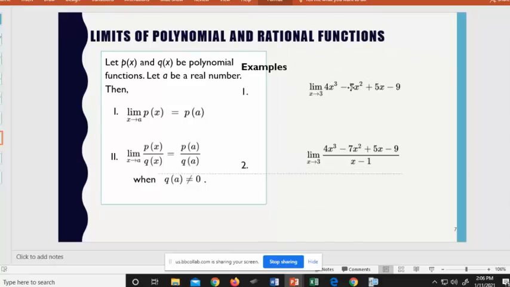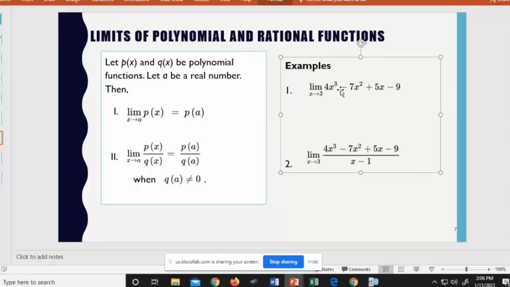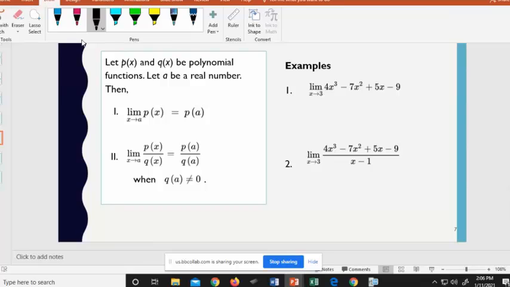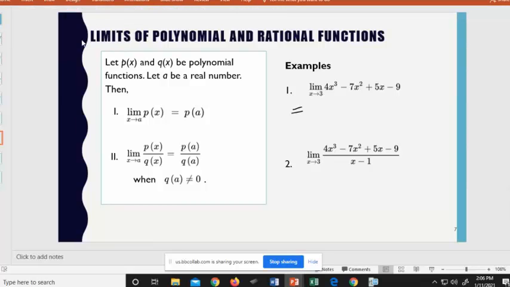I was going to try to make this a little bit bigger, but this is the same example that we just looked at. It's the limit of 4x cubed minus 7x squared plus 5x minus 9, a polynomial. Because we know this rule, we can just use direct substitution.